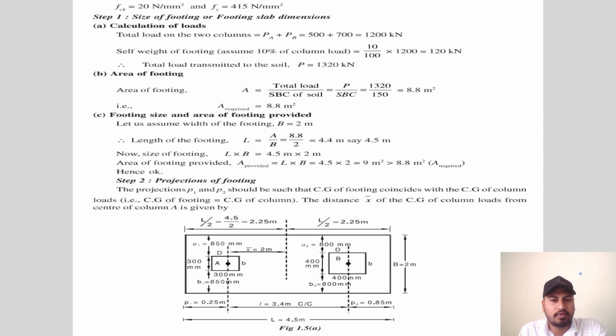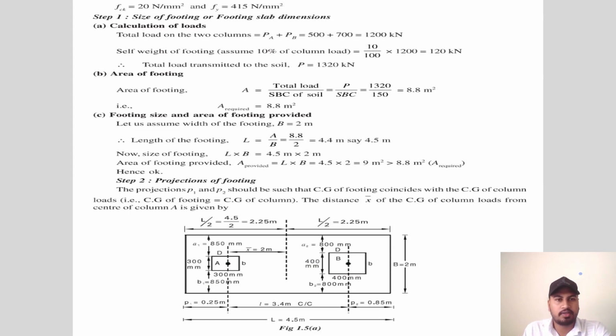We'll be designing this footing in different steps. In the first step, we are going to get the size of the footing, or the footing slab dimensions. First of all, we are going to calculate the loads. The total load on both columns will be 500 plus 700, that is 1200 kilonewton.